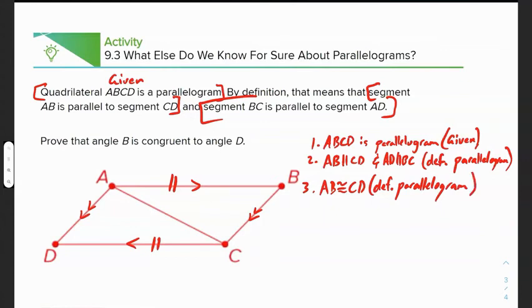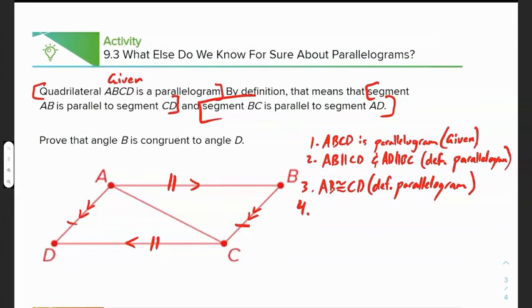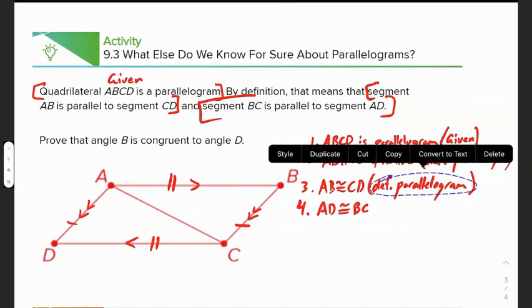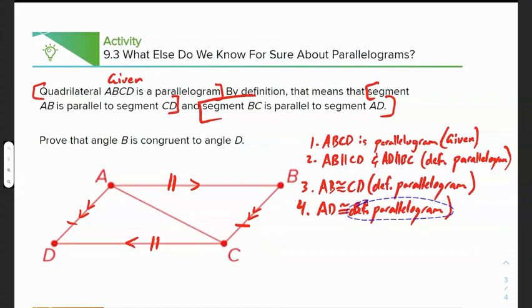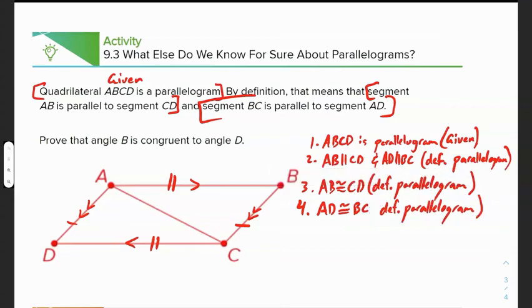Can you say the same thing about any other line segments? You can. You can say that AD and BC are also congruent, and for the same reason. It's the definition of a parallelogram. Okay. Oh, whoa. Do you guys notice that gave me a side? That gave me a side.